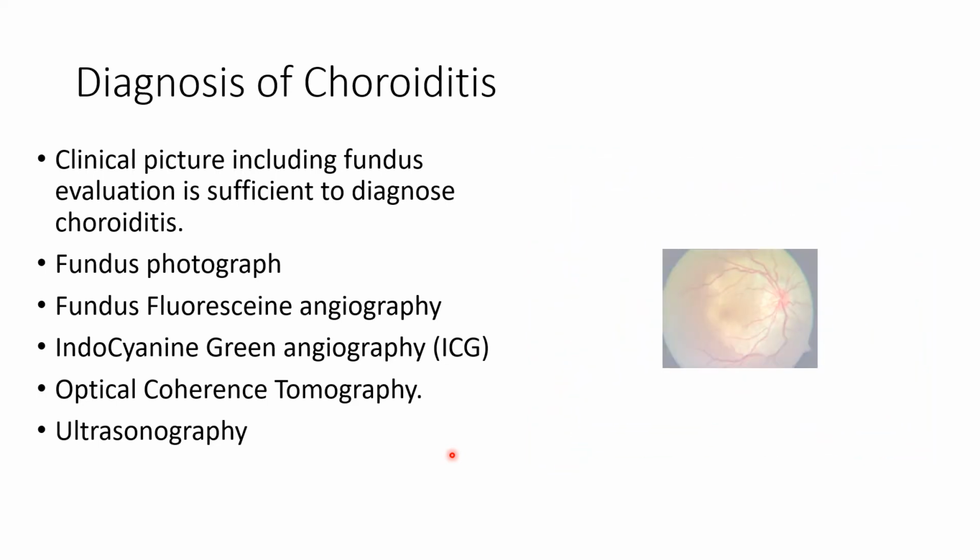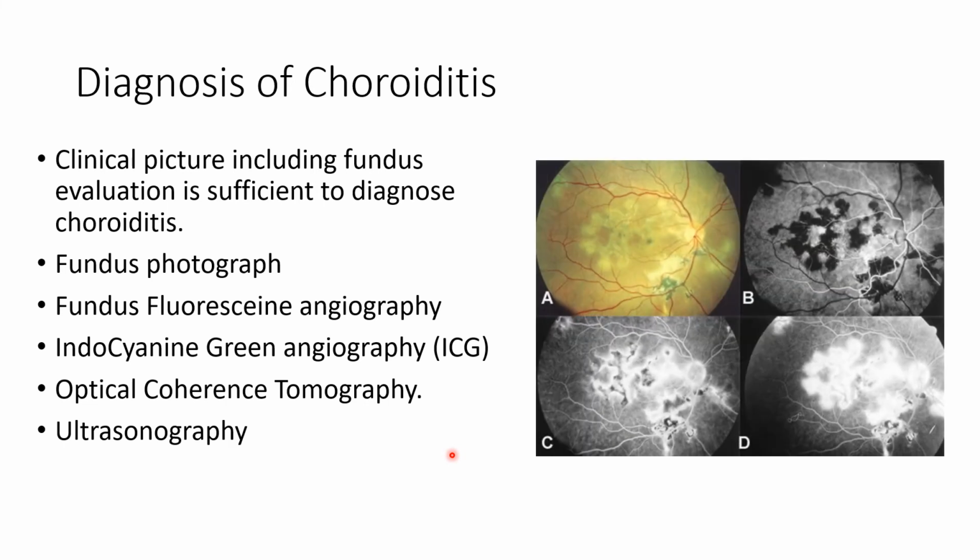Then we can have fundus fluorescein angiography, and here we can see a patient with serpiginous choroiditis, where the area with the active disease shows an initial hypofluorescence because of the opaque and edematous choroid and retina.